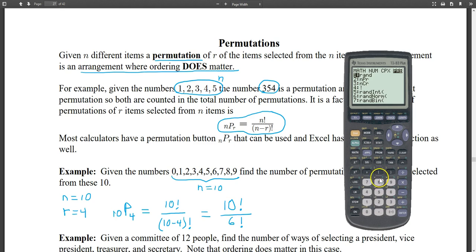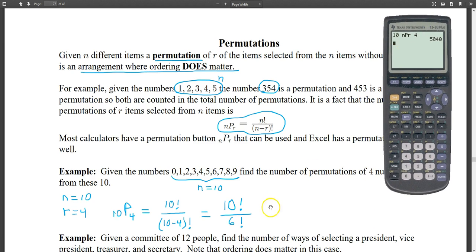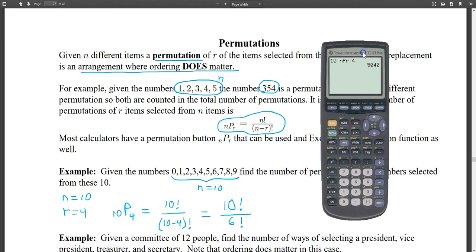That's the number 2, so click on number 2, and then type in the number 4. So we're doing 10P4. Now hit Enter, and there's our answer, 5,040.